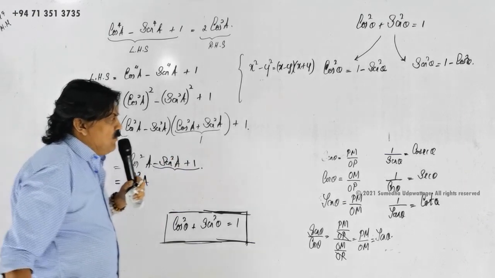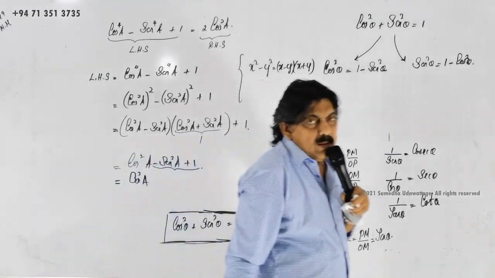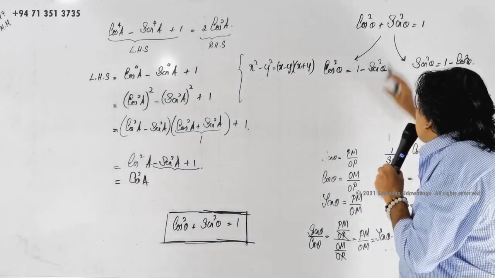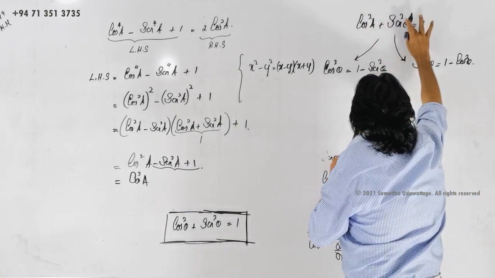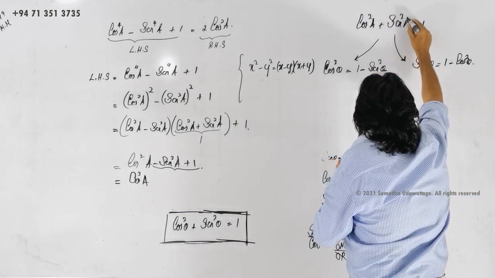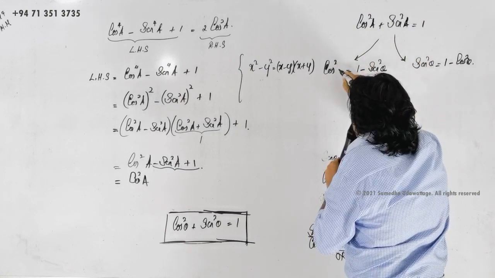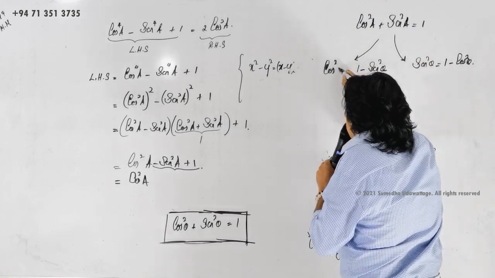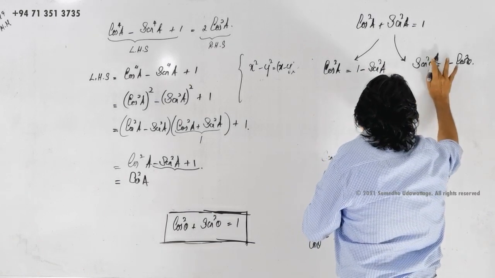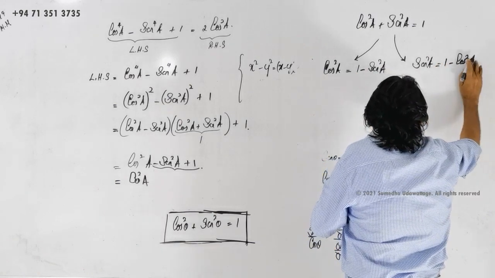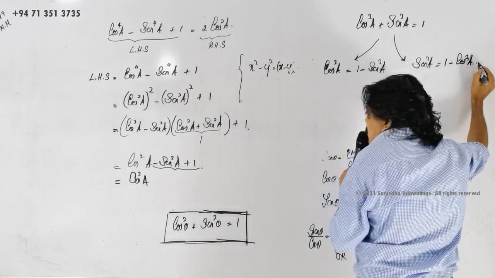Is there any formula we know? If we speak from the angle A, cos square A is 1 minus sine square A, and sine square A is 1 minus cos square A.